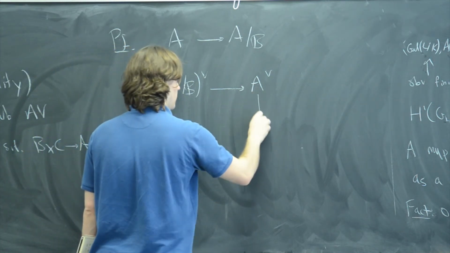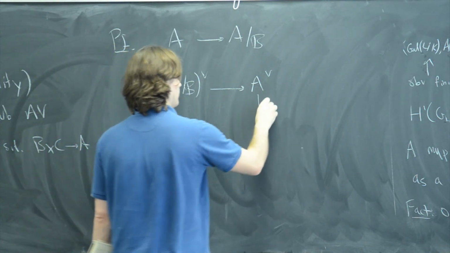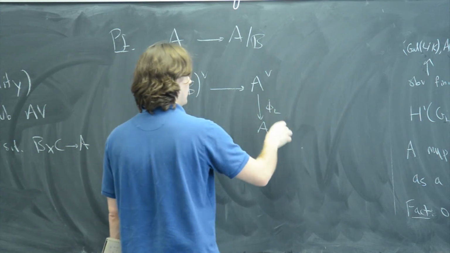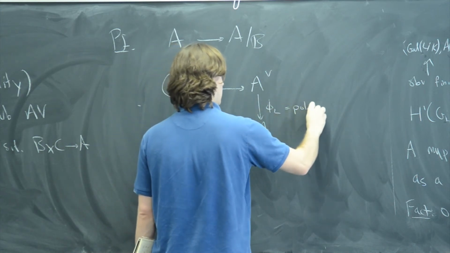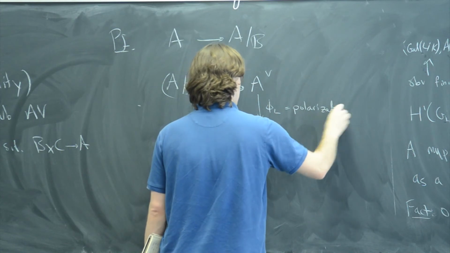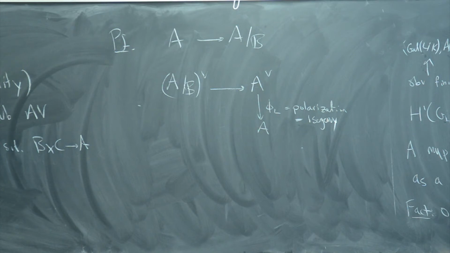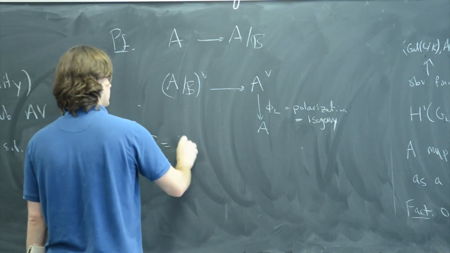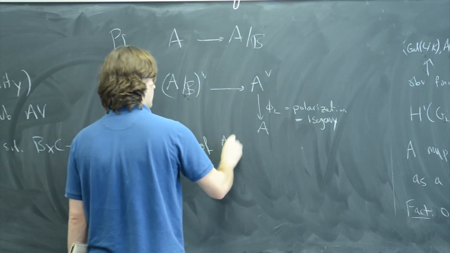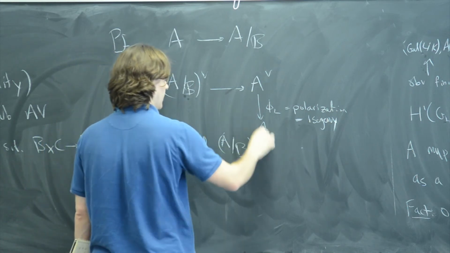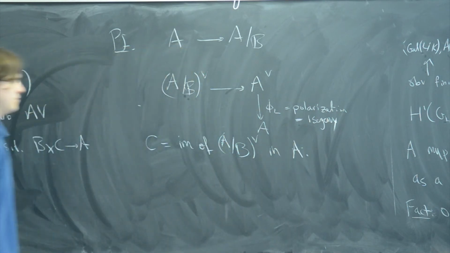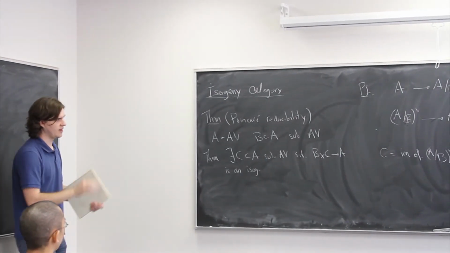So there's an isogeny like this. Choose an ample L. And then I'm just going to define C to be the image of this thing in A. And so it's obvious that it has the correct dimension, and then you can check that these properties actually hold. So that's how you find C.